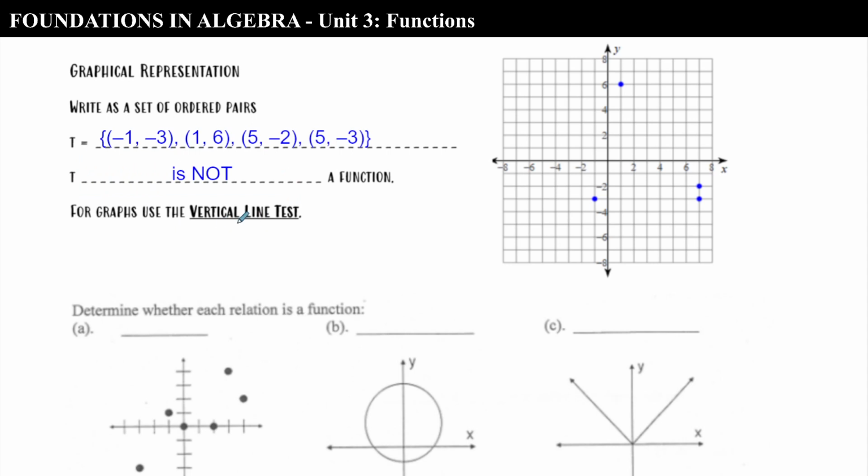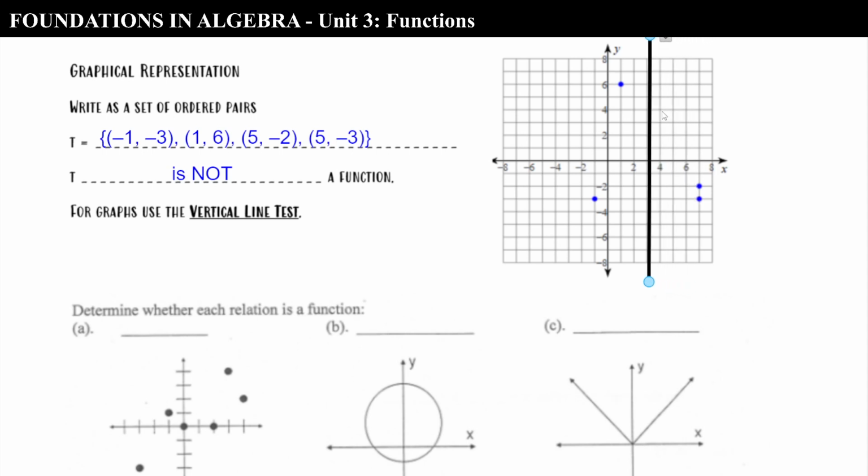For graphs, we use the vertical line test. So if I were to take a vertical line and pass it through here, so let's say I draw this vertical line, and if I were to take this vertical line and pass it from left to right, if we see 2 points go through that line at the same time, like we do here at 5, then it fails the vertical line test and it's not a function.